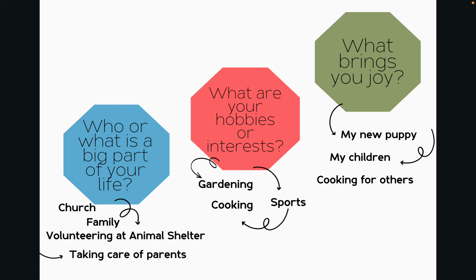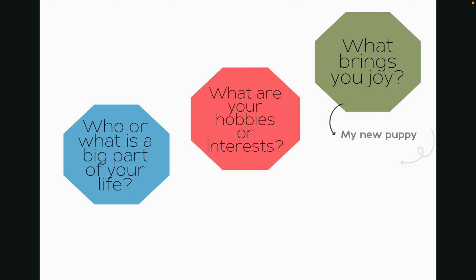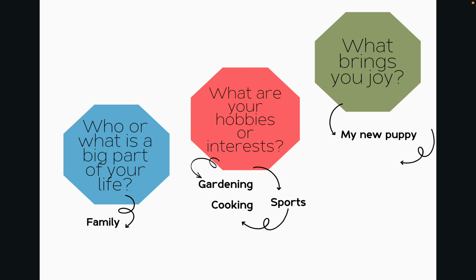So after you've made your list and you've come up with as many things as you can think of under each category, you want to narrow it down. You want to try to narrow your list down to 5 different categories. Now, if you had some categories that were similar, you want to combine those into one so that your 5 categories are very different.